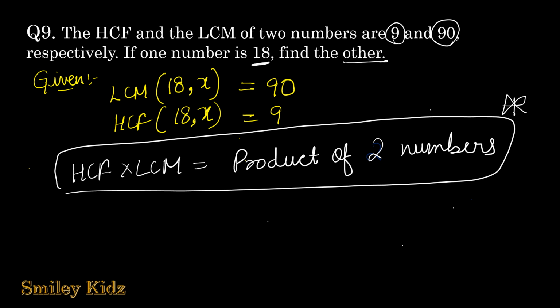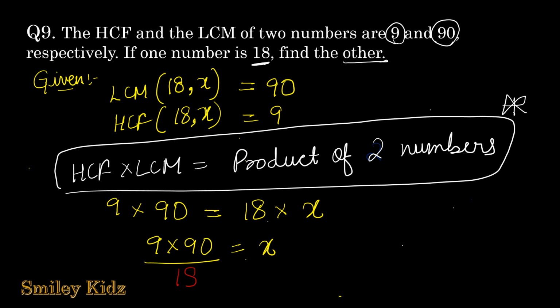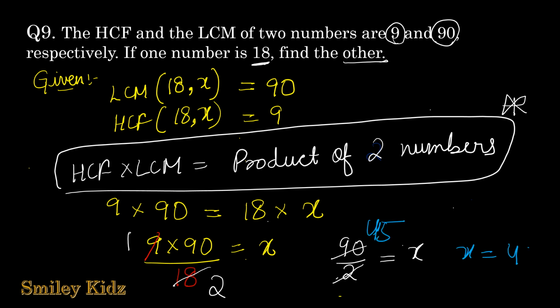Now we know that HCF is 9 and LCM is 90, equal to the first number, that is 18, times the second number, that is x. Now x will be equal to 9 times 90 upon 18. Now 9 times 1 and 9 times 2, we will be left with 90 by 2 is equal to x, and x will turn out to be 45. So the value of x is 45.